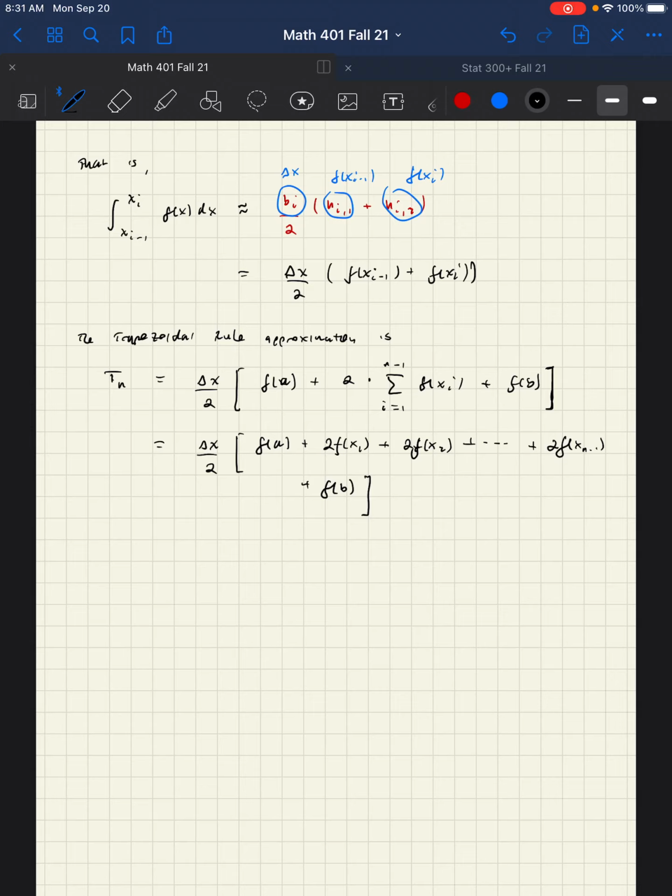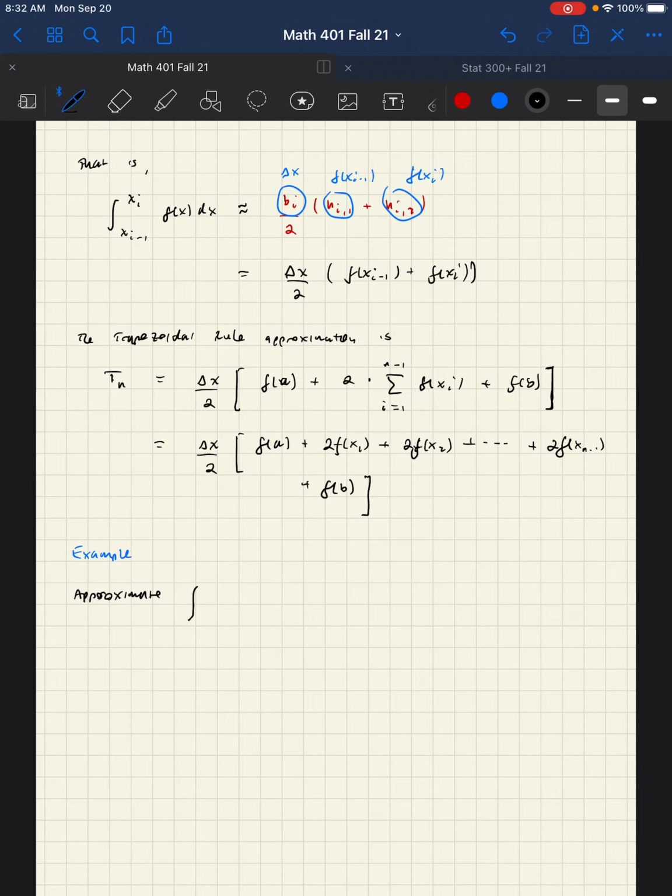And as we'll see, it pays off pretty well, because it does improve on the midpoint rule quite a bit. Let's illustrate this with an example.